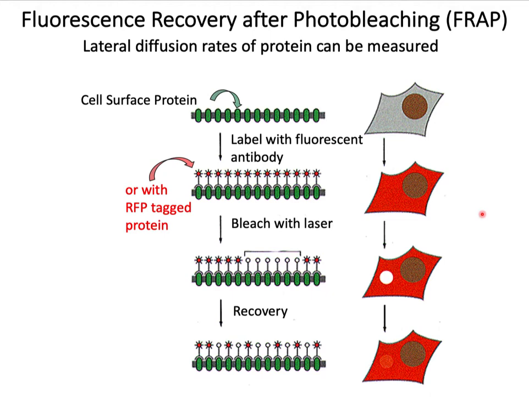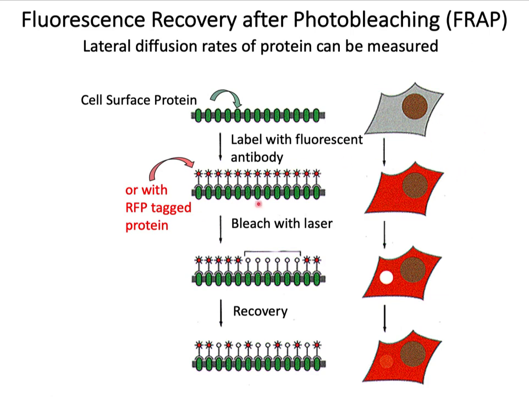So FRAP takes advantage of the fact that you can photobleach fluorophores, or cause them to lose their ability to fluoresce. Let's take a look at this example. The left panel is the cell surface with the green ovals representing transmembrane proteins spanning the plasma membrane, and the right panel represents a single cell as viewed by fluorescence microscopy.